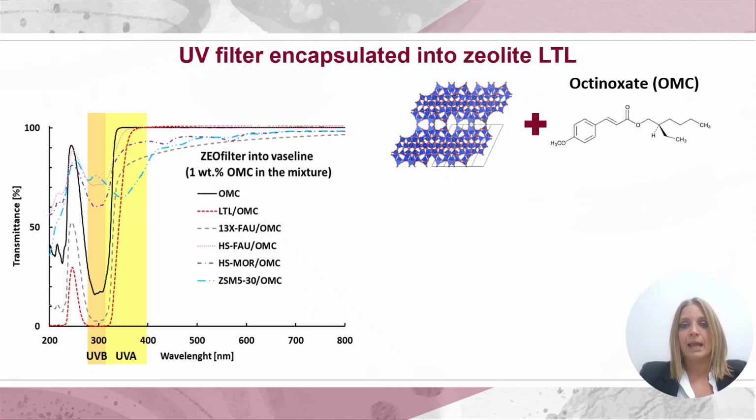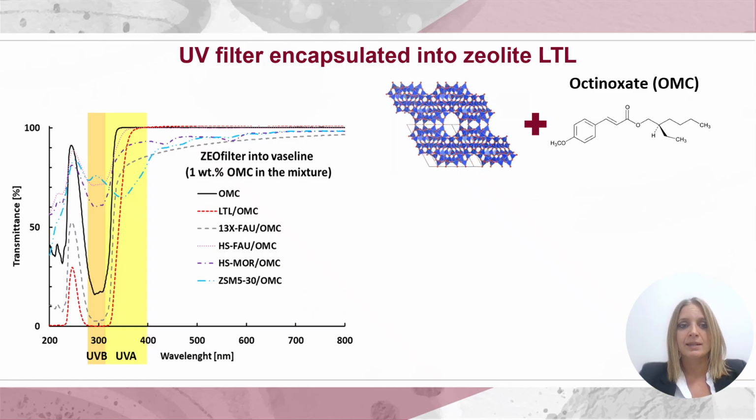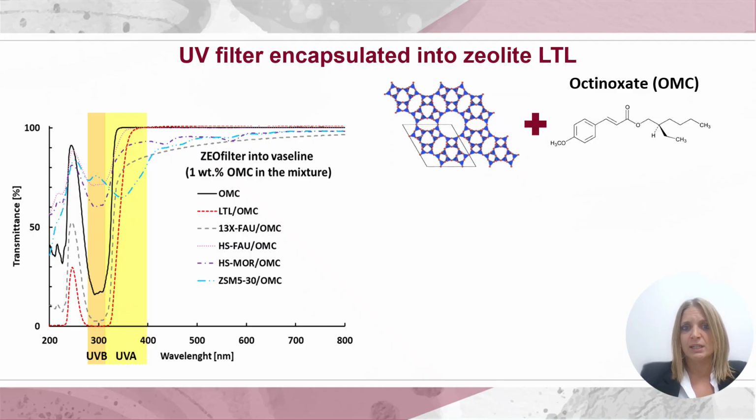Other zeolites, like the silica mordenite, the silica faujasite, and ZSM-5, underperformed because all of these last three are acid zeolites and induced even color changes, meaning we had a protonation of the molecules. This is clearly something we don't want, because we want to preserve or enhance the performance of the molecule, and this is actually the case of our hybrid material that uses LTL as the framework.